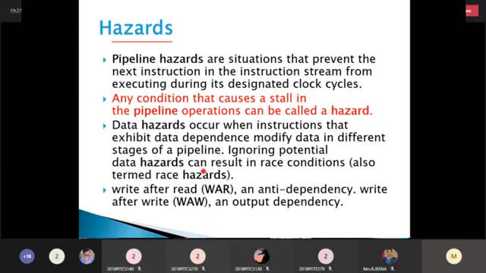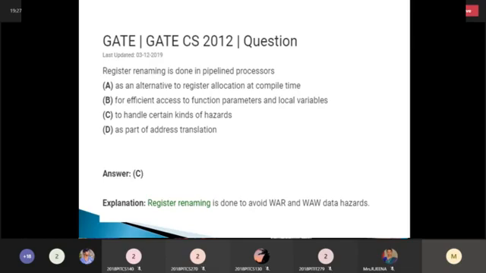So ignoring the potential data hazards can result in race conditions, which are also termed race hazards. Write after read is represented as WAR, which is an anti-dependency, and write after write is represented as WAW, which is an output dependency. So all those things come under hazards.